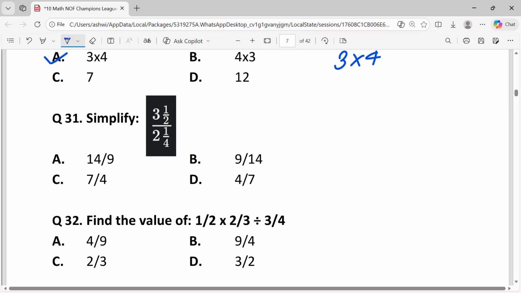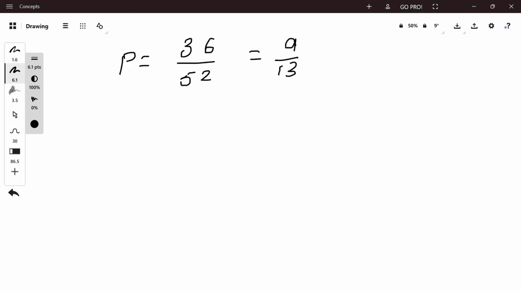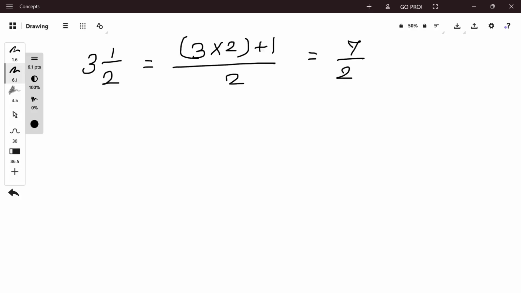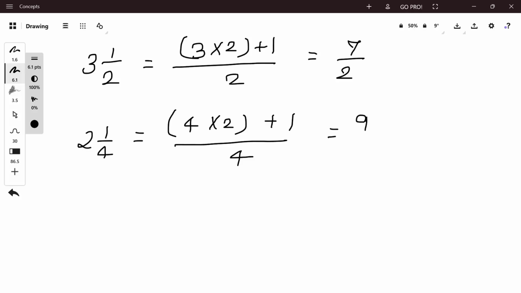Question 31. Simplify 3 1 by 2 upon 2 1 by 4. The mixed numbers are converted to improper fractions, that is 3 1 by 2 is equal to 3 into 2 plus 1 upon 2, which is equal to 7 upon 2, and 2 1 upon 4 is equal to 4 into 2 plus 1 upon 4, which is equal to 9 upon 4.